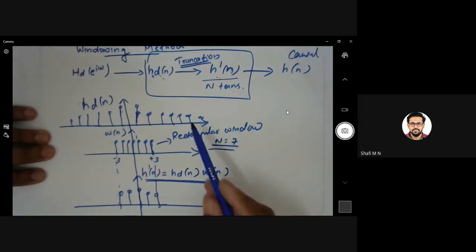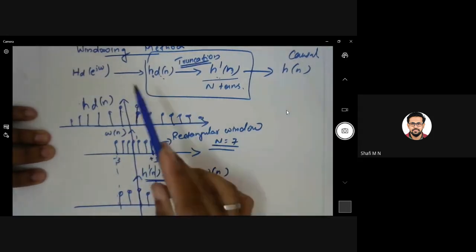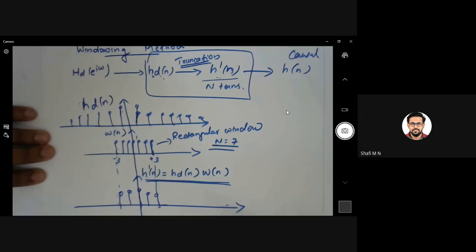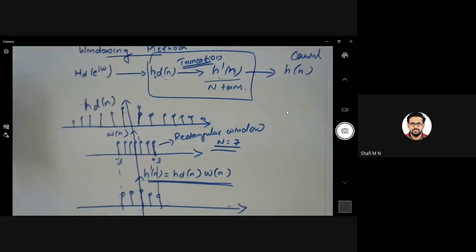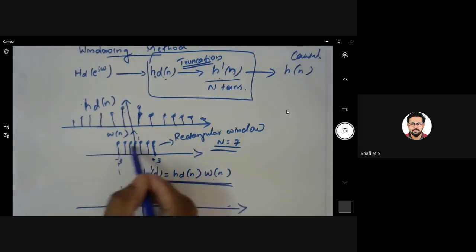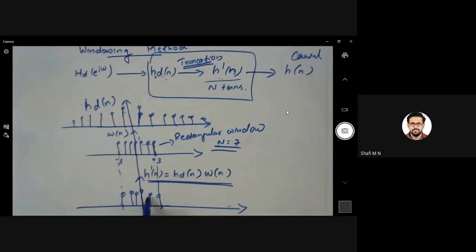And for the above process, which particular window has been used? A rectangular window, multiplying the terms from -3, -2, -1, 0th sample, first sample, second sample, and third sample. So you have -3 to 3, an N equal to 7 window, and multiply.